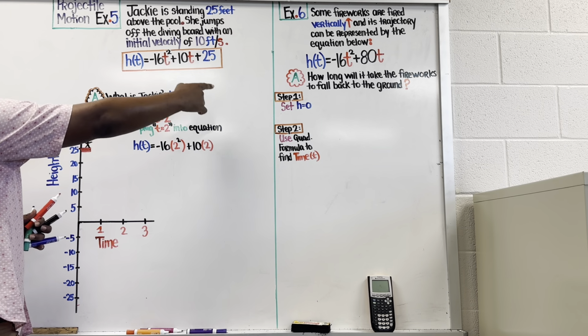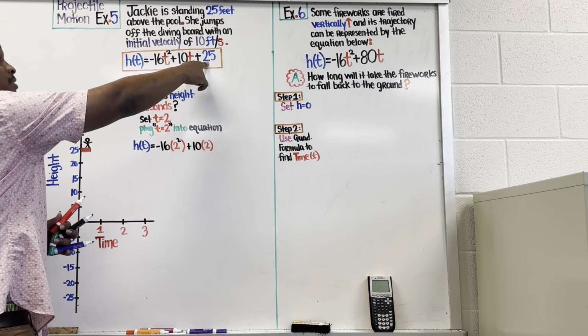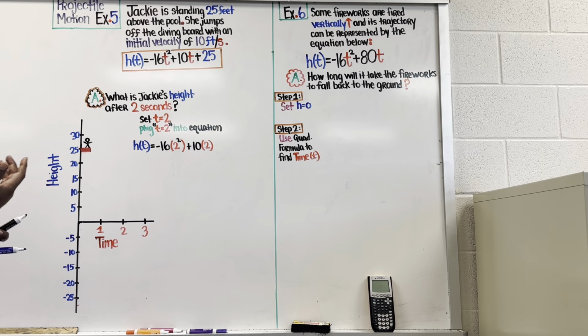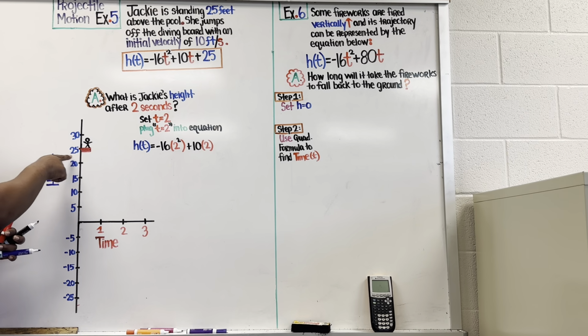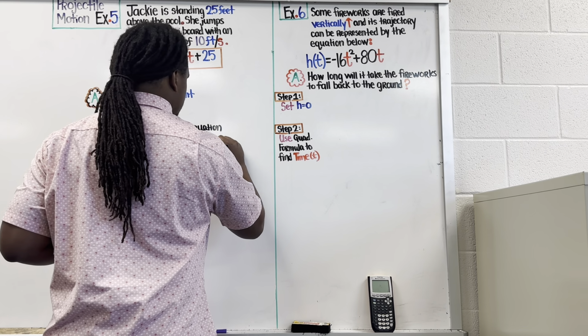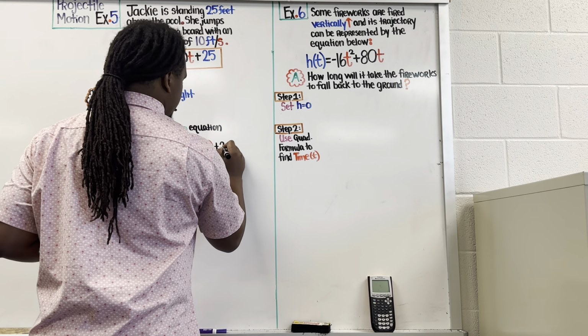And then plus the 25, and we know that the 25 is the y-intercept because in the problem she was standing 25 feet above the pool, which is the diving board. So we know that's the y-intercept, so it's going to be plus 25.